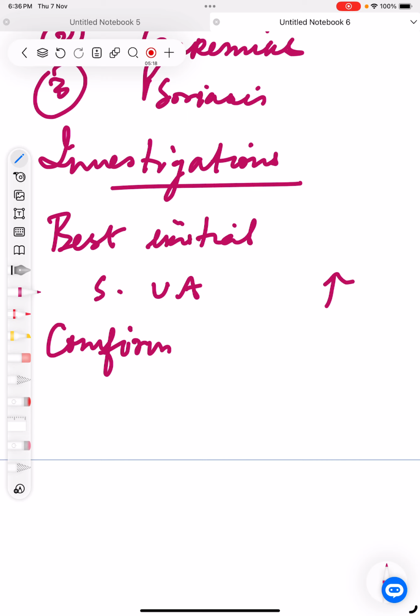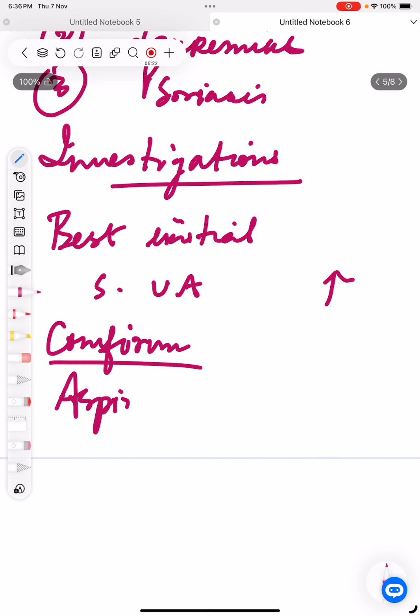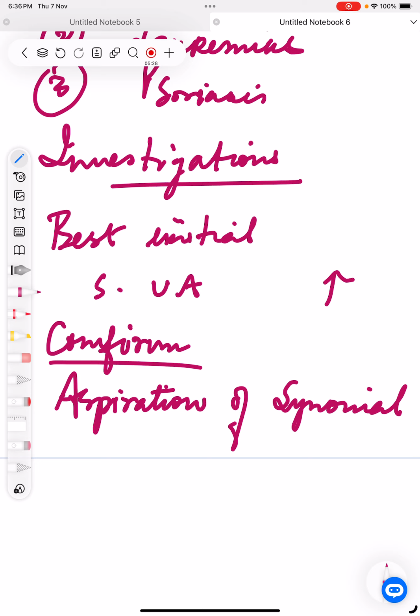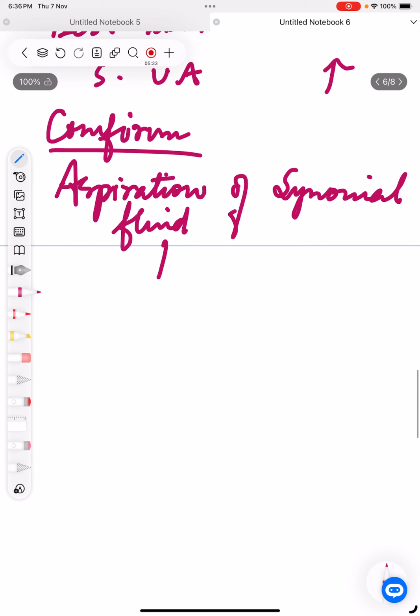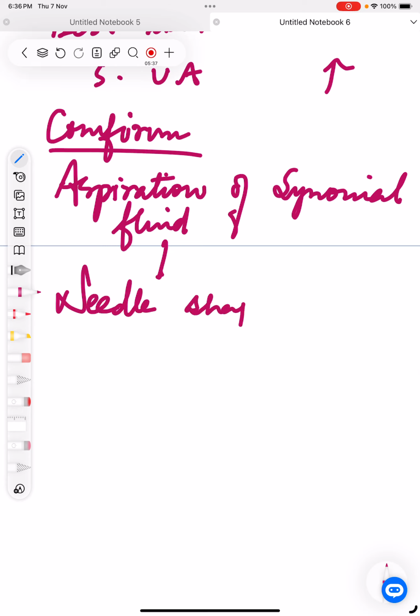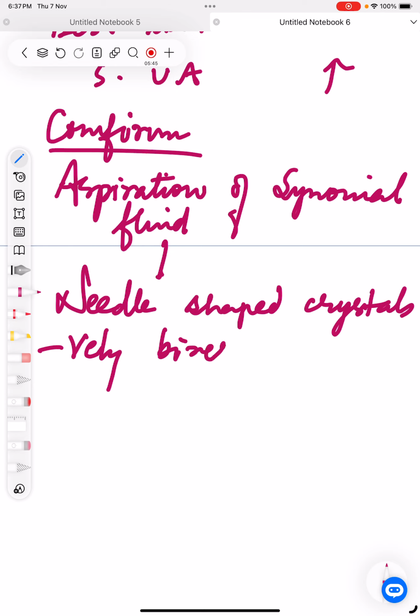To confirm it, you have to go for aspiration of synovial fluid. What we can see on examination, there will be needle shaped crystals of uric acid seen, which are negatively birefringent.